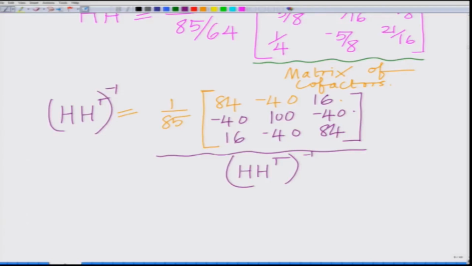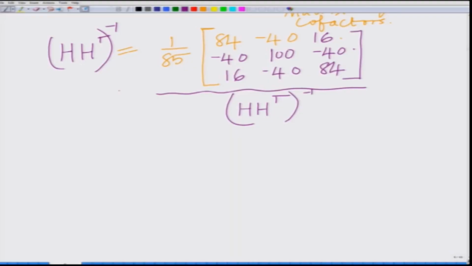Remember, the equalizer is H transpose inverse times H into 1 bar 2. So, I have to evaluate this other component, that is H into 1 bar 2, and that is very simple.